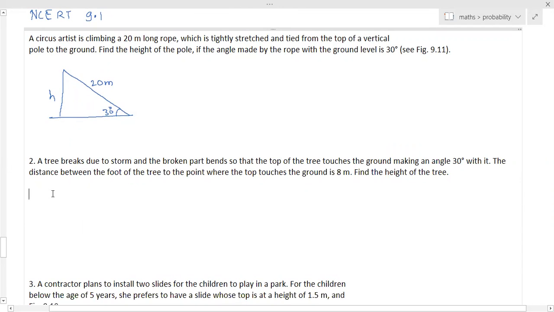It is exactly the same as the eighth one of RD. Height is 10 meters.